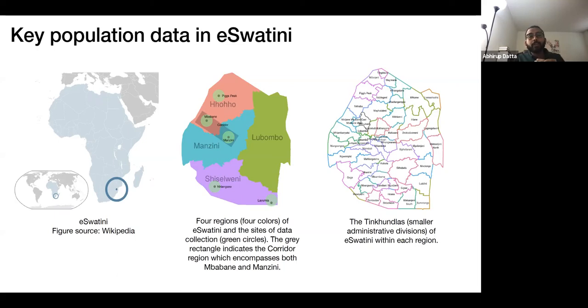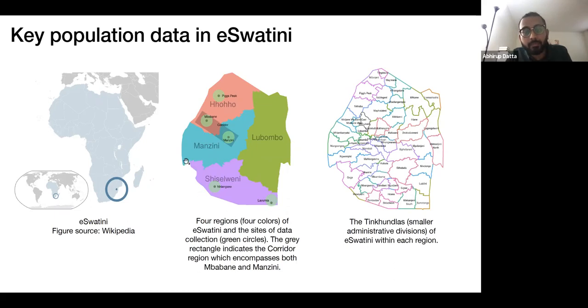And so it's important to get data on these key populations to understand their risk and allocate program resources accordingly. There is not much data on these key populations because of the aforementioned stigmatization. So we had data on men having sex with men and female sex workers at 5 sites in Eswatini.